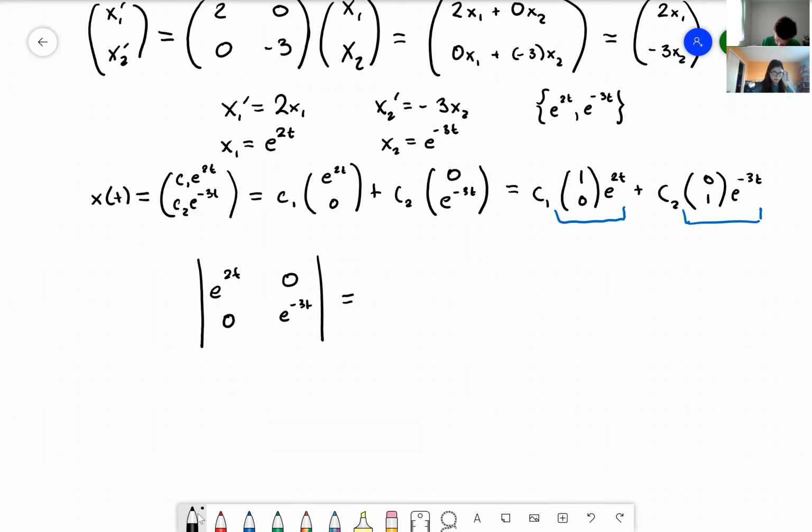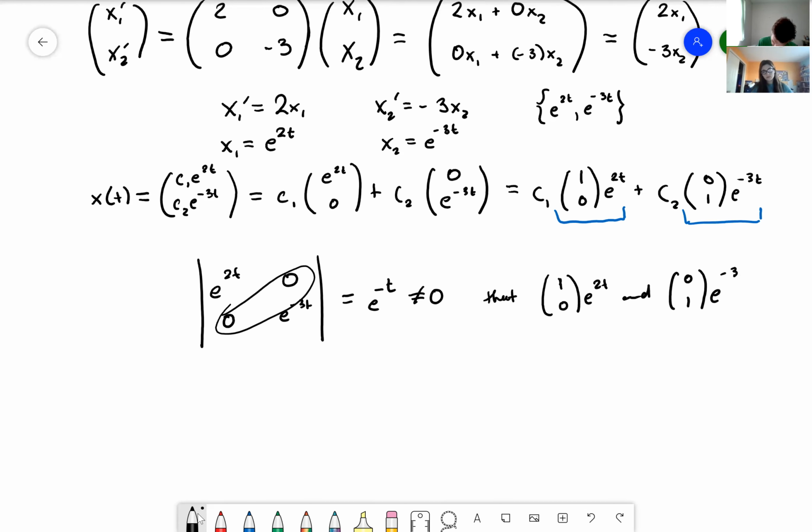And that will just be e to the 2t times e to the minus 3t, minus the off-diagonal product, which is zero, so e to the minus t. So we remember how to compute the determinant of this. This is non-zero. And so we conclude that 1, 0 e to the 2t and 0, 1 e to the minus 3t are independent and thus give us our fundamental set of solutions.